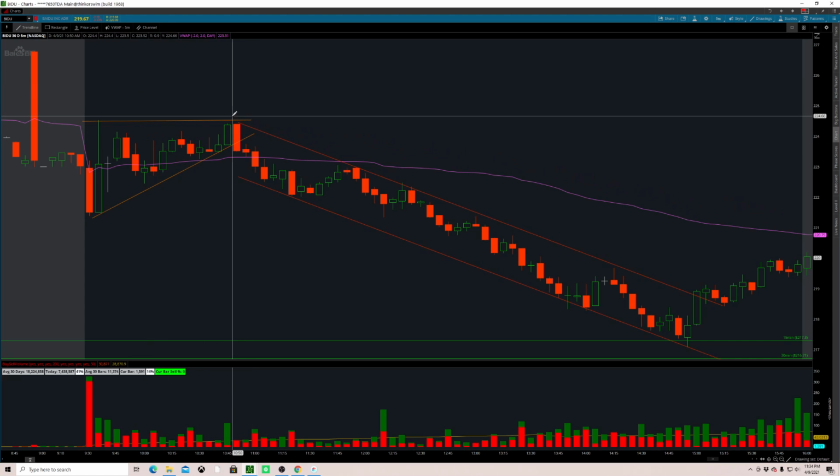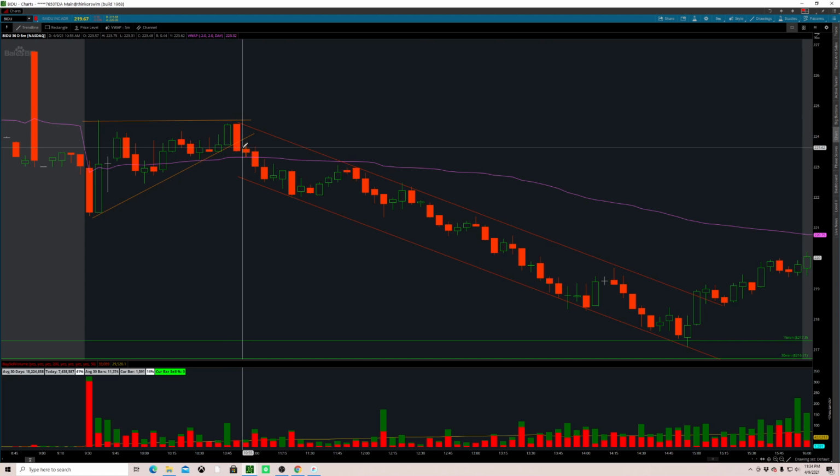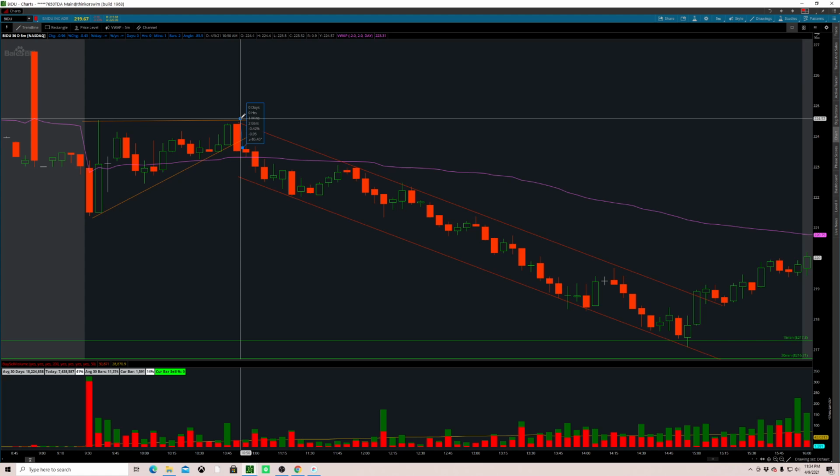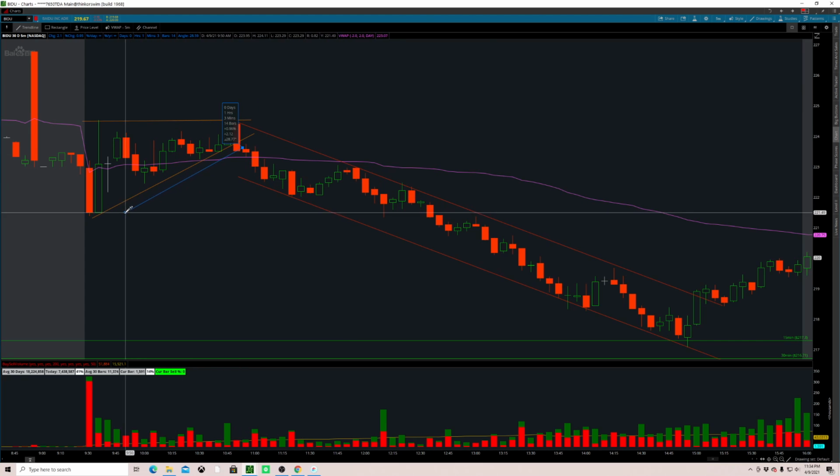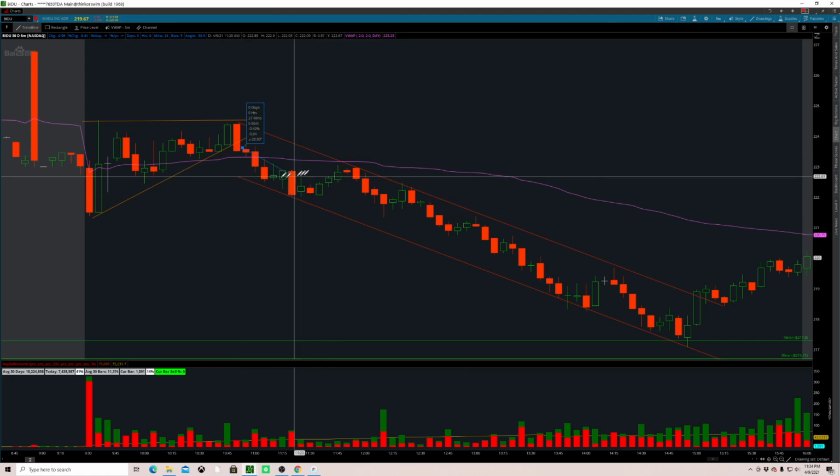Your stop is over here, and the break on this candle, this is almost $1. So low of day is usually your first test. So this is a good 2-to-1, but of course this channel keeps going down.